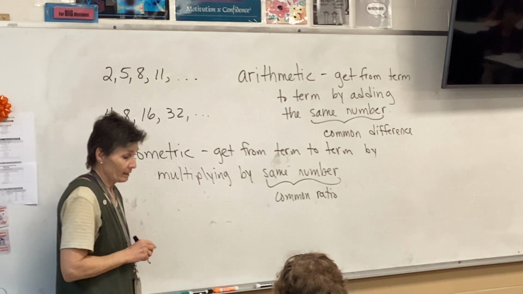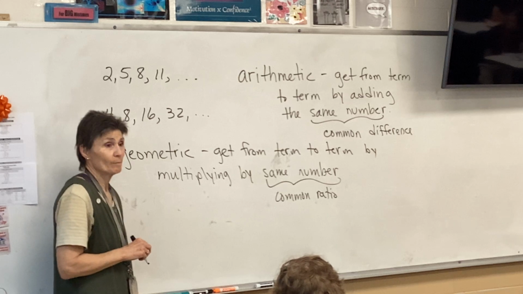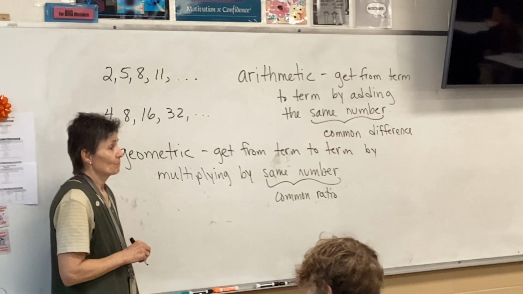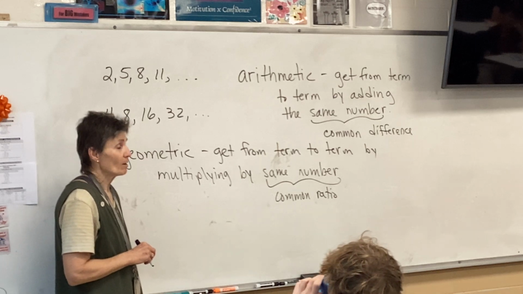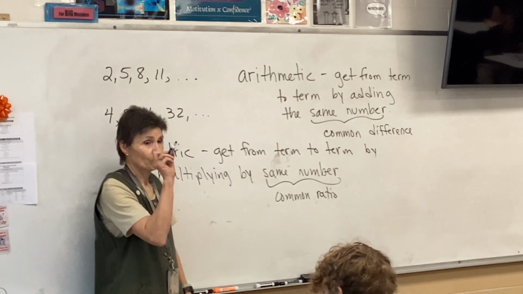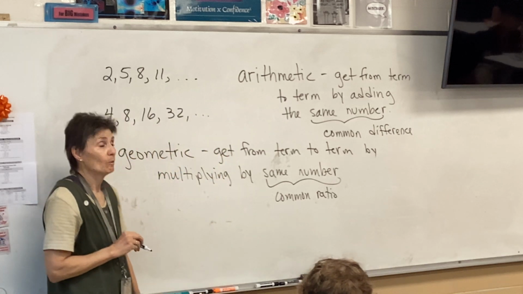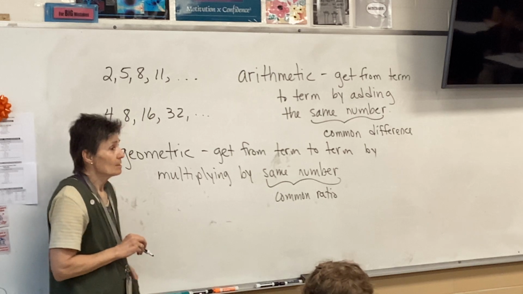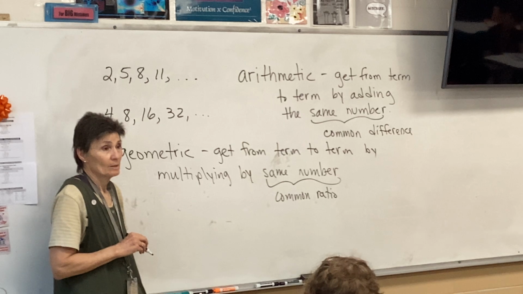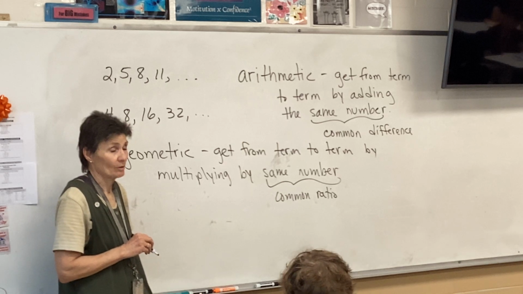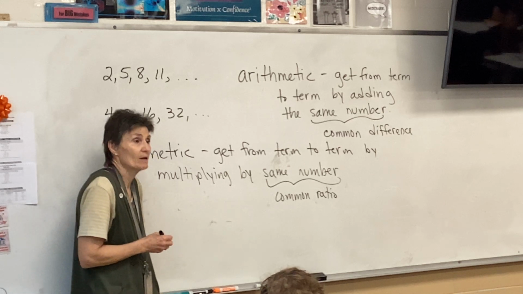So here in a little bit, we're going to look at some sequences, and you are going to determine if they are arithmetic, geometric, or neither. And how will you know if they are arithmetic? You're going to go from term to term by adding the same number. And how will you know if they are geometric? You go from term to term by multiplying by the same number. So what happens if you don't do either? Well, then it's not arithmetic or geometric, and you can have sequences of numbers like that.